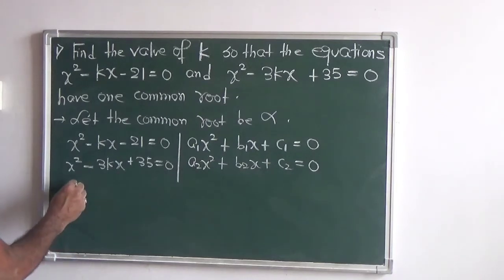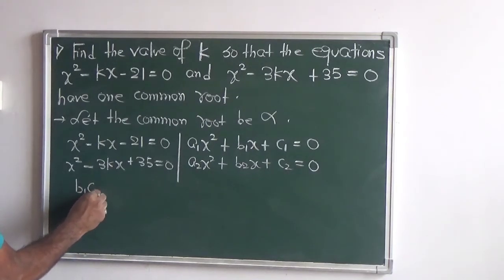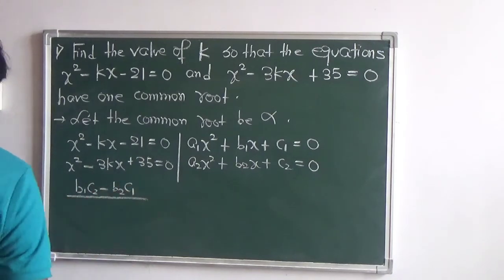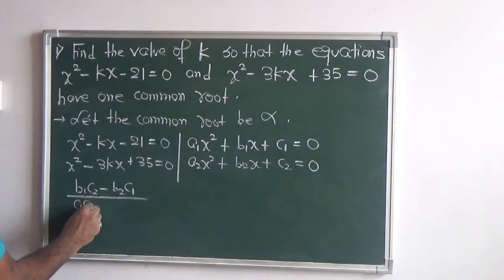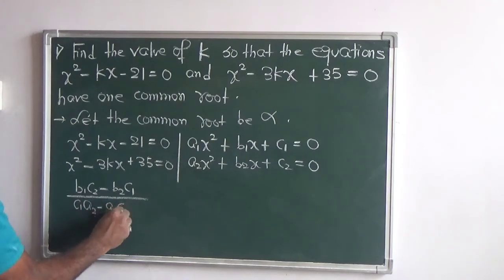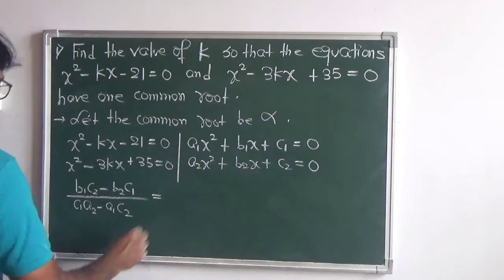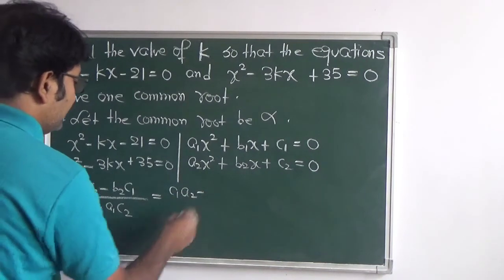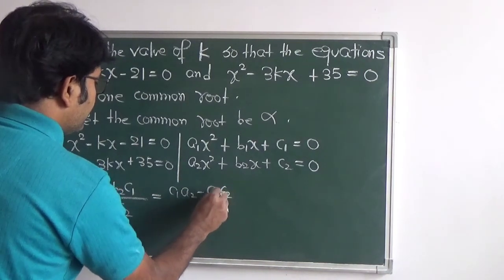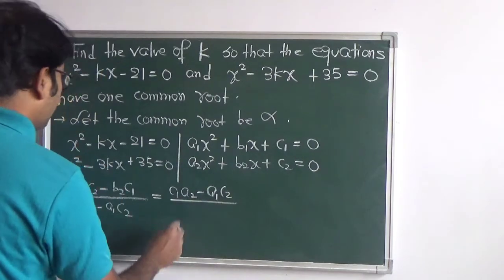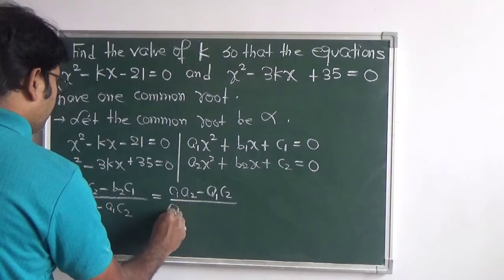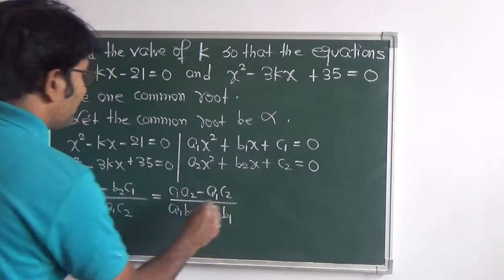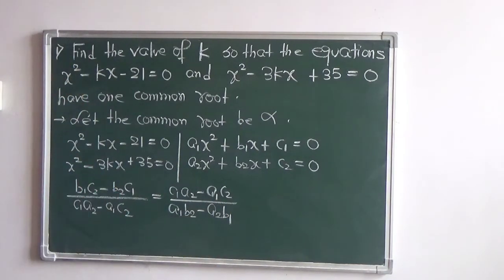The condition is (b1 c2 minus b2 c1) divided by (c1 a2 minus a1 c2) should be equal to (c1 a2 minus a1 c2) divided by (a1 b2 minus a2 b1). We have to put the values of the respective coefficients.